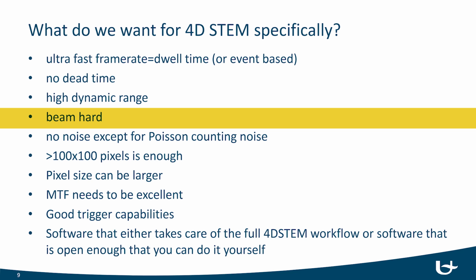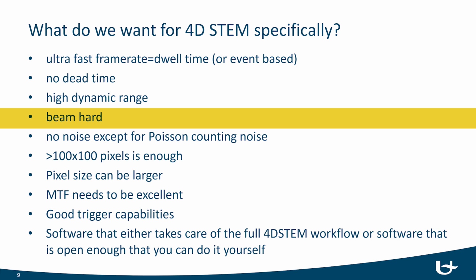Yes, but you don't know what some other user will do by accidentally illuminating the camera in diffraction mode with a parallel beam. And then the camera needs to be able to withstand that. You don't want to be afraid, especially not in a lab where you have multiple students that are all learning about these cameras. It's good to have some peace of mind that you have a beam hard camera.